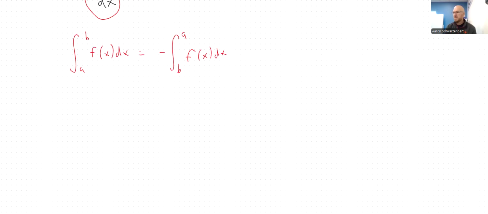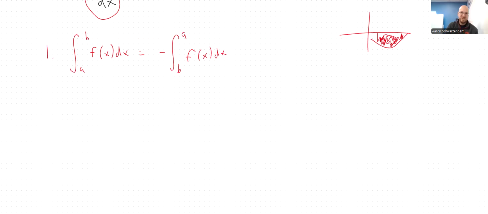Something you should have learned from yesterday's video: if the function is below the axis, the integral is actually a negative value. It's negative the area under the curve. So this is rule one. That's not so hard, is it?